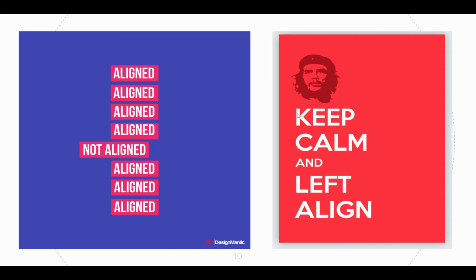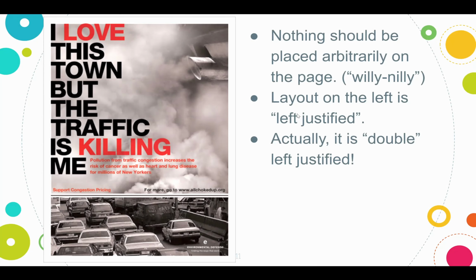So aligned means how the text, or even text and photos, seem to be organized on the page. Nothing should be placed arbitrarily on the page, or, as Robin Williams said in her book, willy-nilly. There has to be a purpose as to why you're putting the lettering, the photos, bullet points, etc. in a certain alignment.